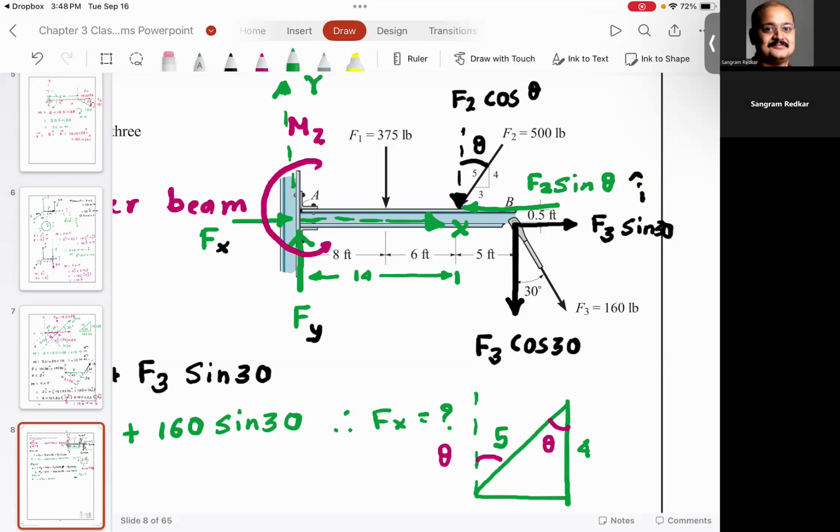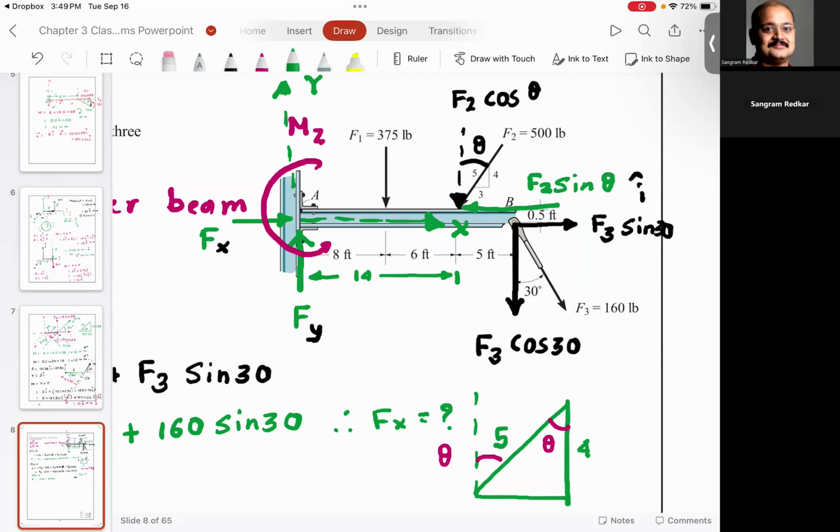And the horizontal component is at distance 0.5. You agree with me? It means in this particular case, the horizontal component and the vertical component of force F3 give a moment.